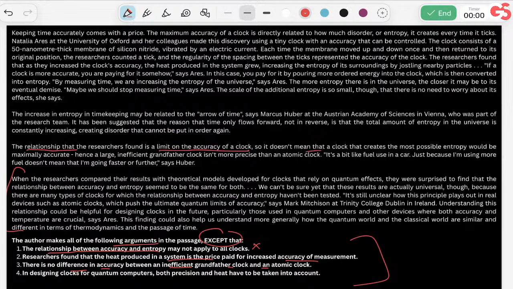It does not mean that a clock that creates the most possible entropy would be maximally accurate. Hence, a large inefficient grandfather clock isn't more precise than an atomic clock.